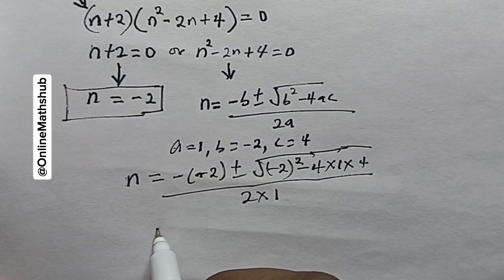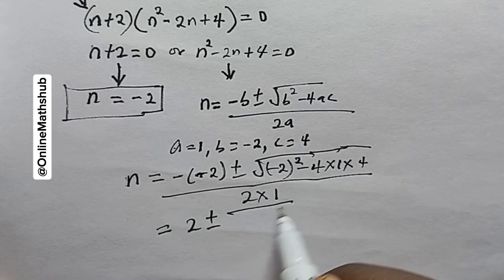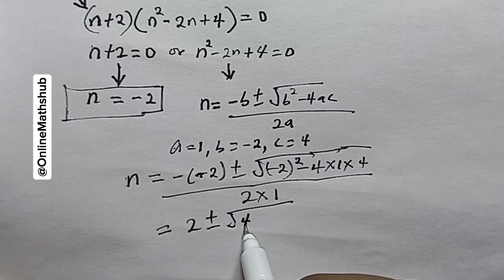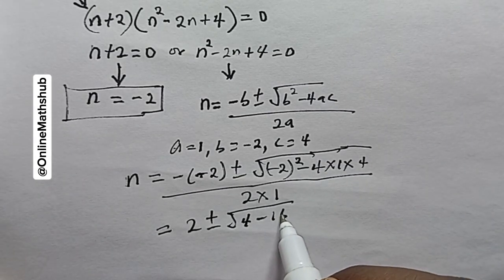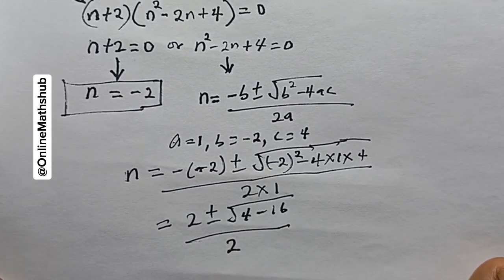If we simplify this, minus times minus is plus, so 2 plus or minus root of minus 2 power 2, which is equal to 4, minus 4 times 1 times 4, which is 16, and all divided by 2.